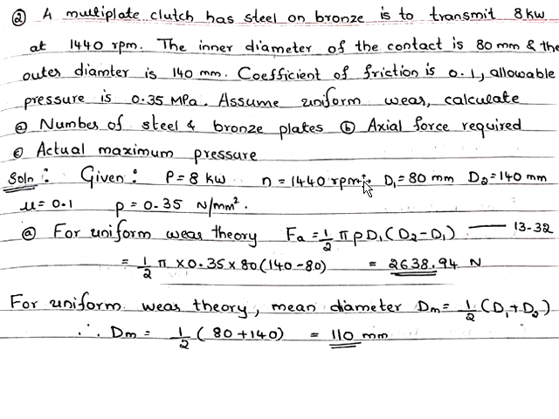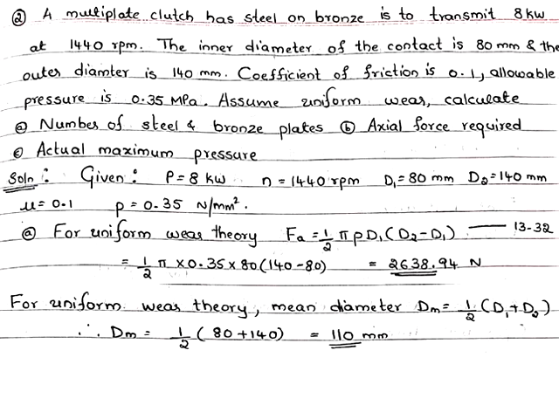Use this FA equation to find out FA value. In this FA equation, P is given in the problem, 0.35 megapascal. D1, D2, both values are given. Substitute all the values, you will get FA as 2638.94 Newton.